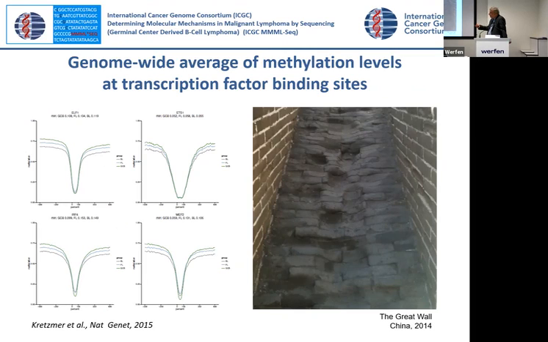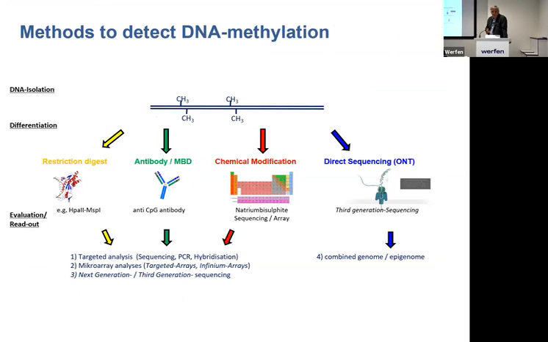What you can see is that where the transcription factor binds, you have a much lower methylation. I always call these footprints, but not footprints in the sand, because they are not lost; they are stabilized during further progression through the lineage. So you can keep this information as a kind of lineage determinant for a certain cell.